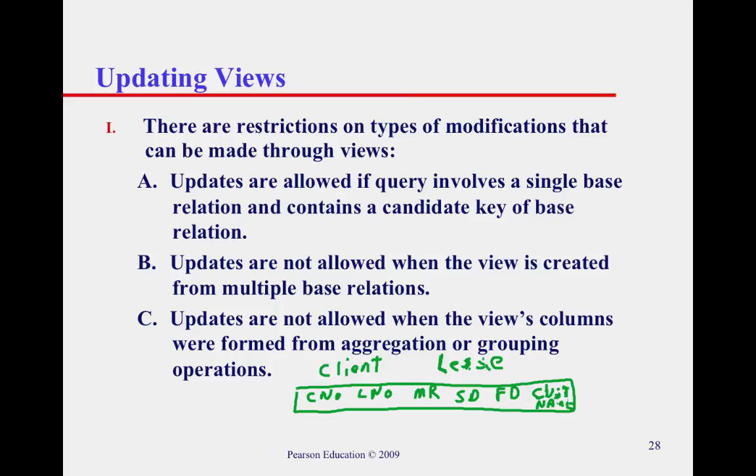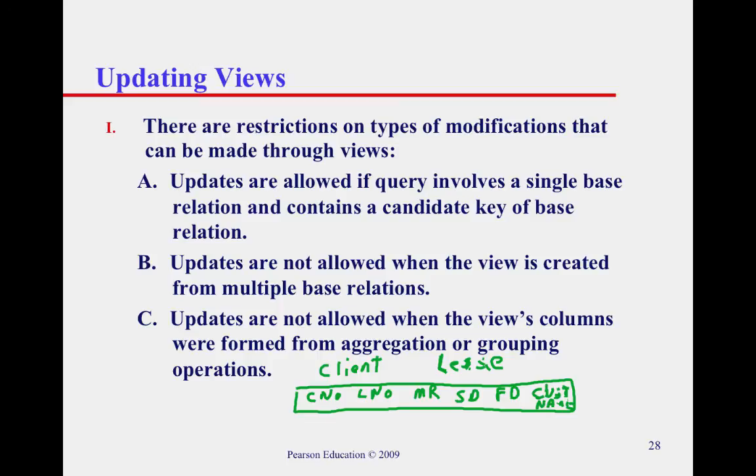So that's the problem: if you have combined the view from multiple base relations, it may be fine to delete this single lease from the lease relation. That's not an issue. But if we have to do some deletion from the client database, the only logical thing is that we delete the client.